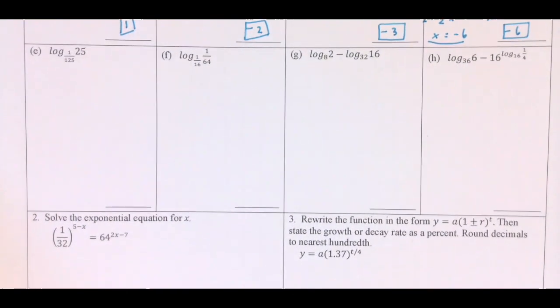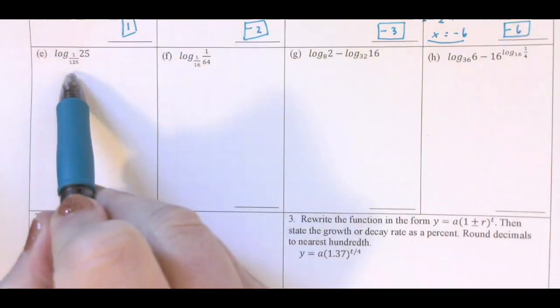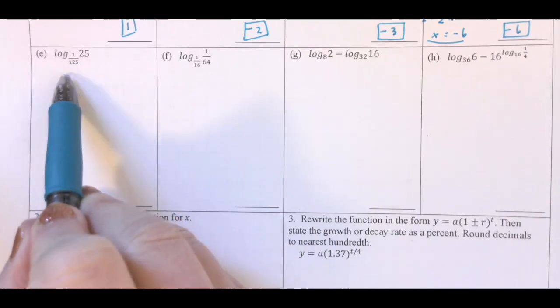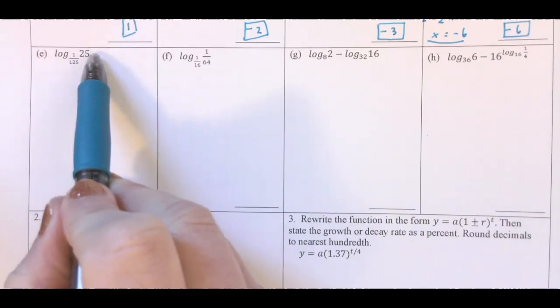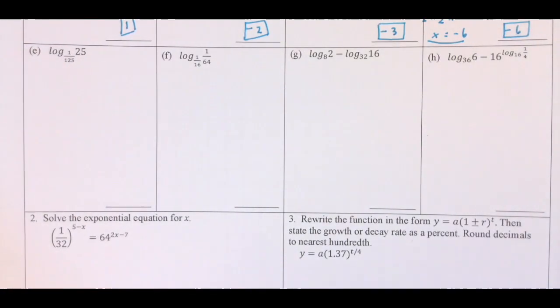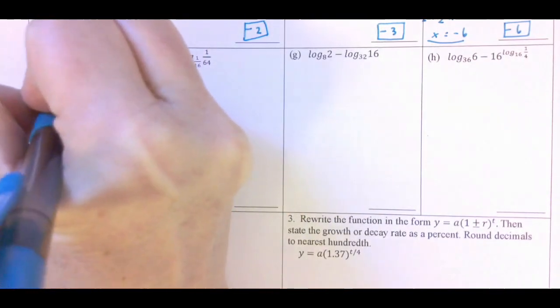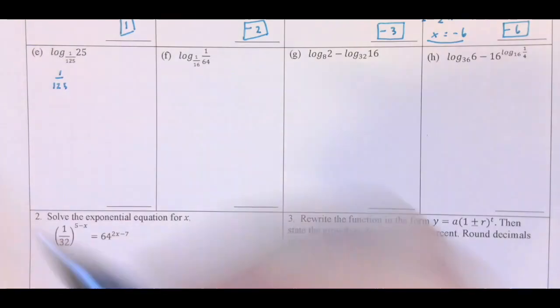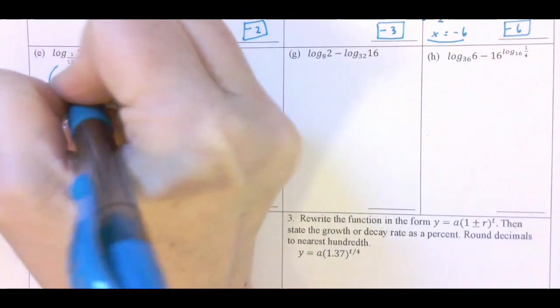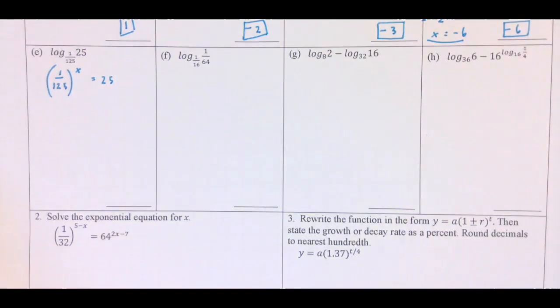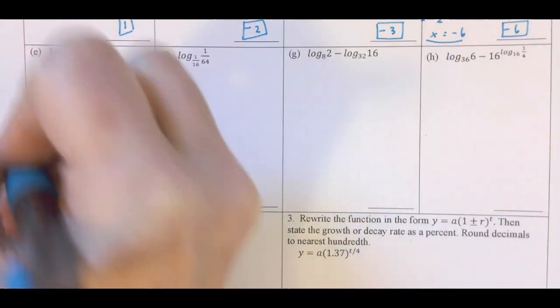All right, next row. Here I have 1/125 to what power gets me 25. Now, if you can see it without this process, no problem. I'm just trying to give you a visual of what we're solving for. So 1/125 to what power gets us 25? Okay, make them both powers of 5.